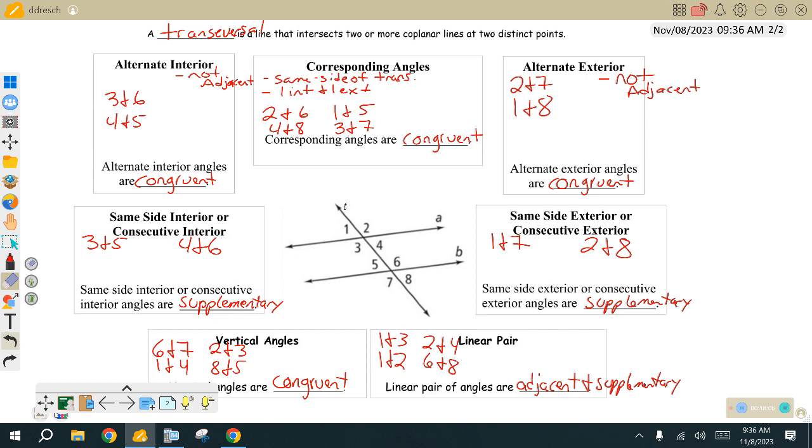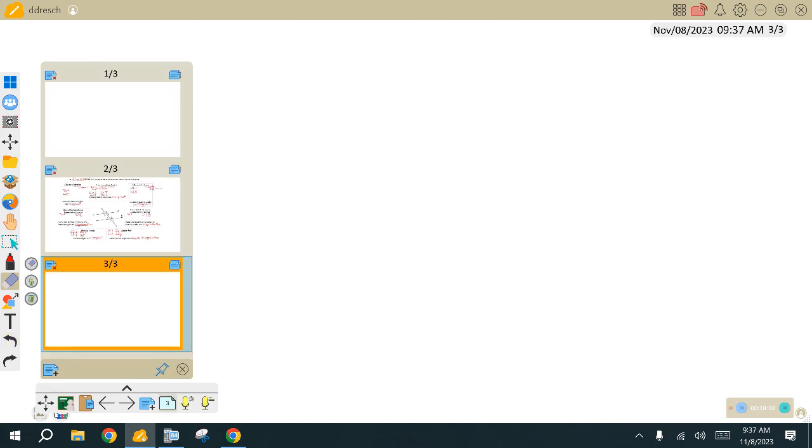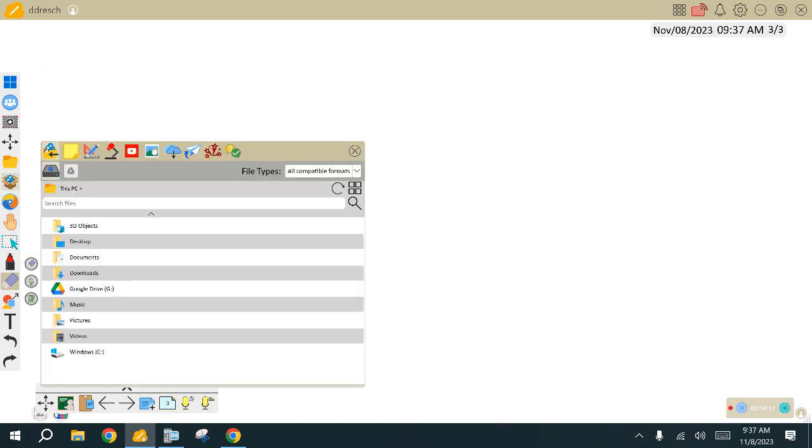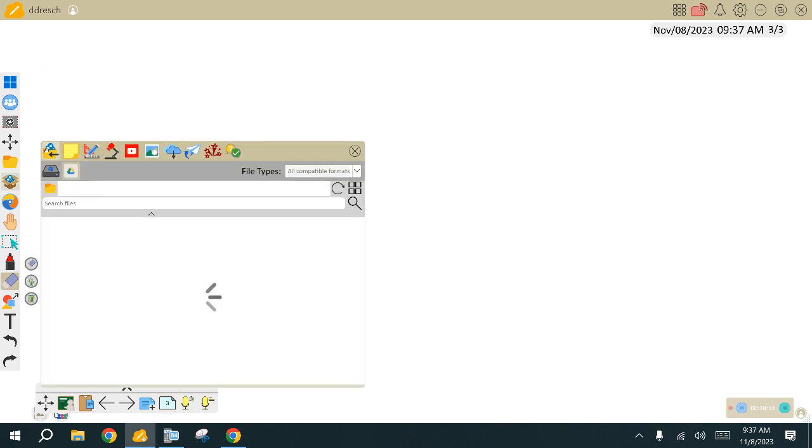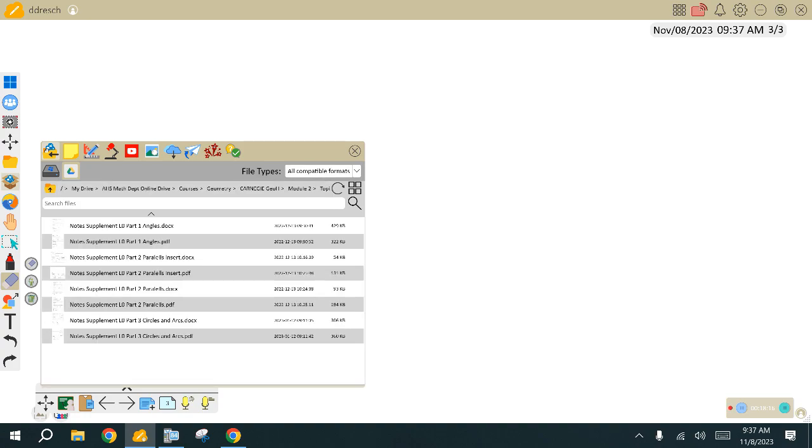Let's do a little practice here. Actually, I gotta load up the next page. So let's do a little practice now with that graphic organizer we just put together. Let me make sure I get the right page loaded up on the notes. Part 2.